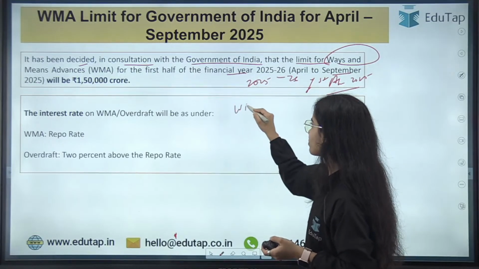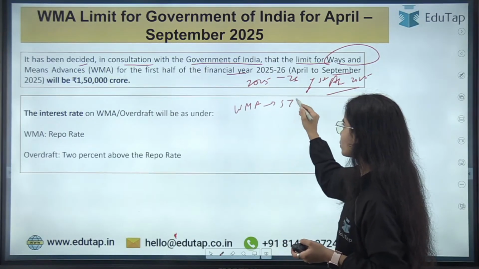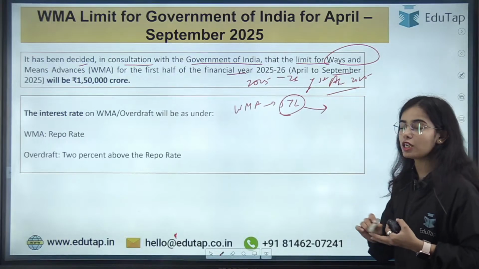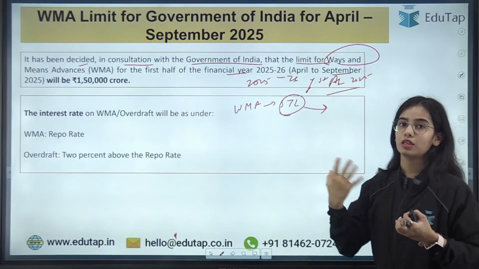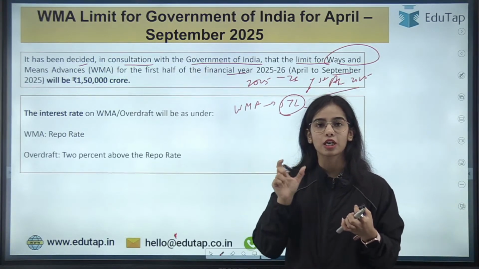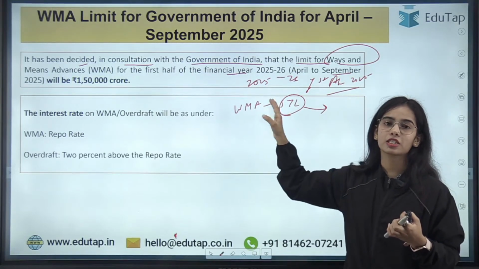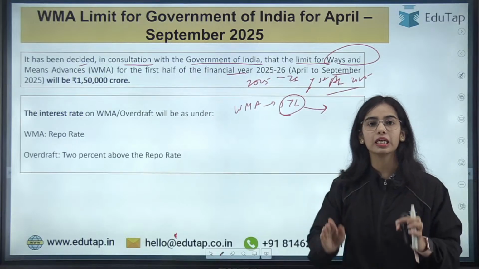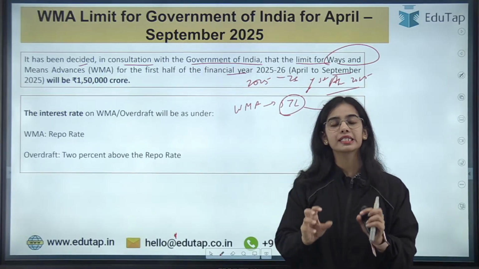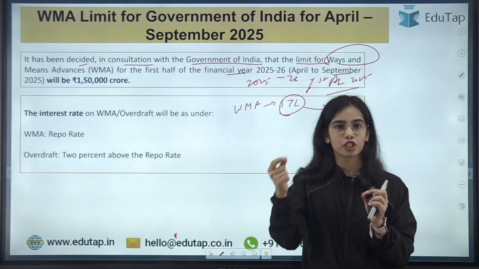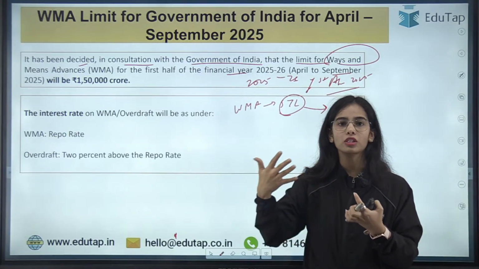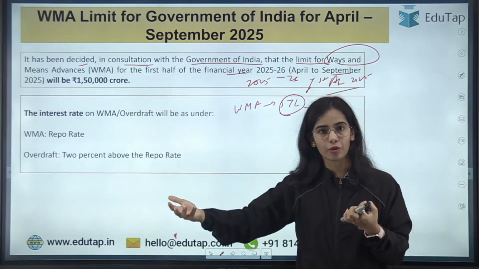Okay, ways and means advances are the short-term loans that the government can take for its operational functions, for its operations. The government can take the short-term loan under the ways and means advances from the Reserve Bank of India. So basically, Reserve Bank of India provides the ways and means advances loans for the continuous functioning of the government.